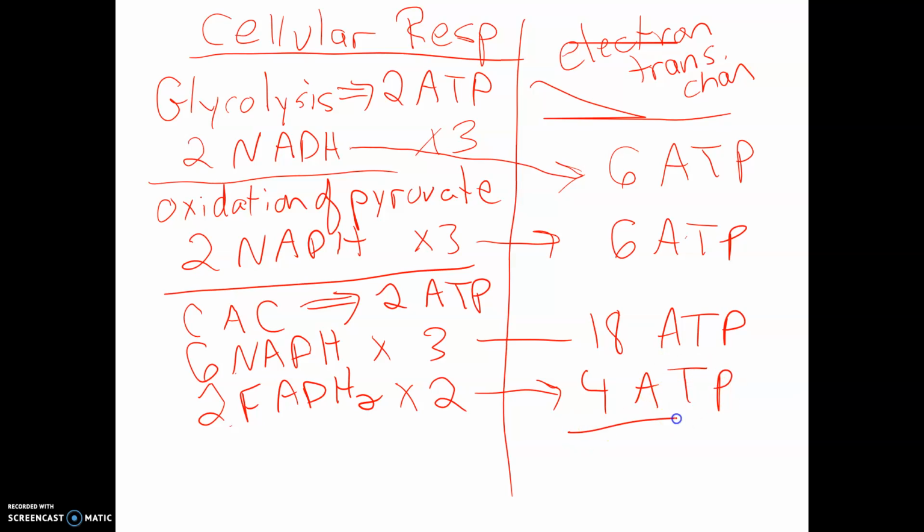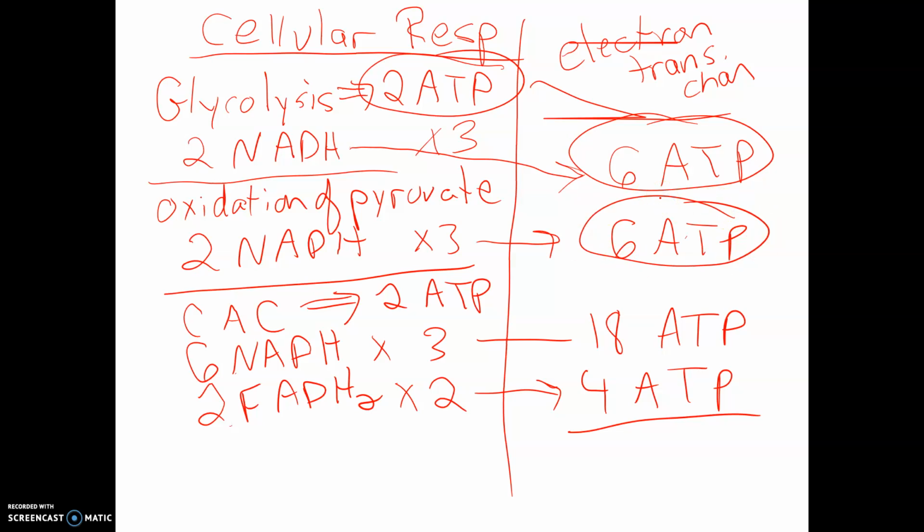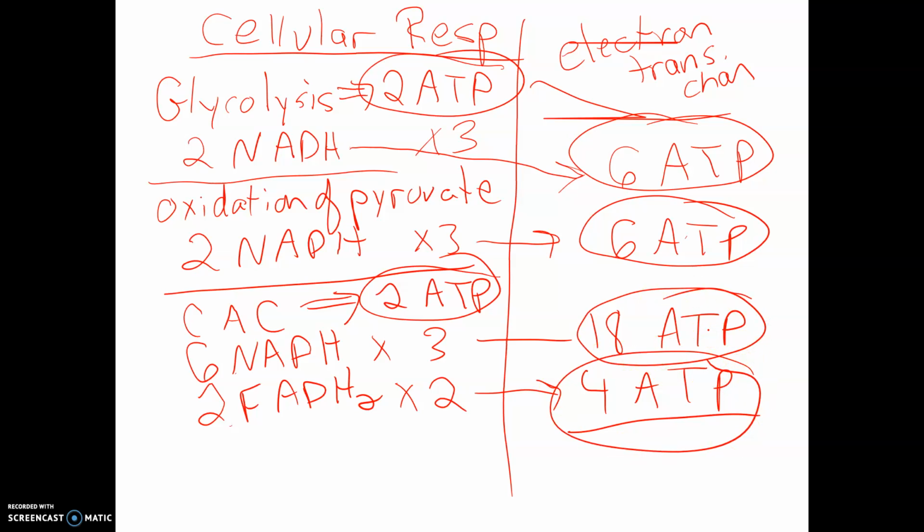You can add all these ATPs up now. There's 2 from glycolysis directly, and then 6 from the electron transport chain. There's another 6 from the electron transport chain from the oxidation of pyruvate. There's 2 directly from the citric acid cycle, and then there's 18 from NADH from the citric acid cycle and 4 from FADH2.